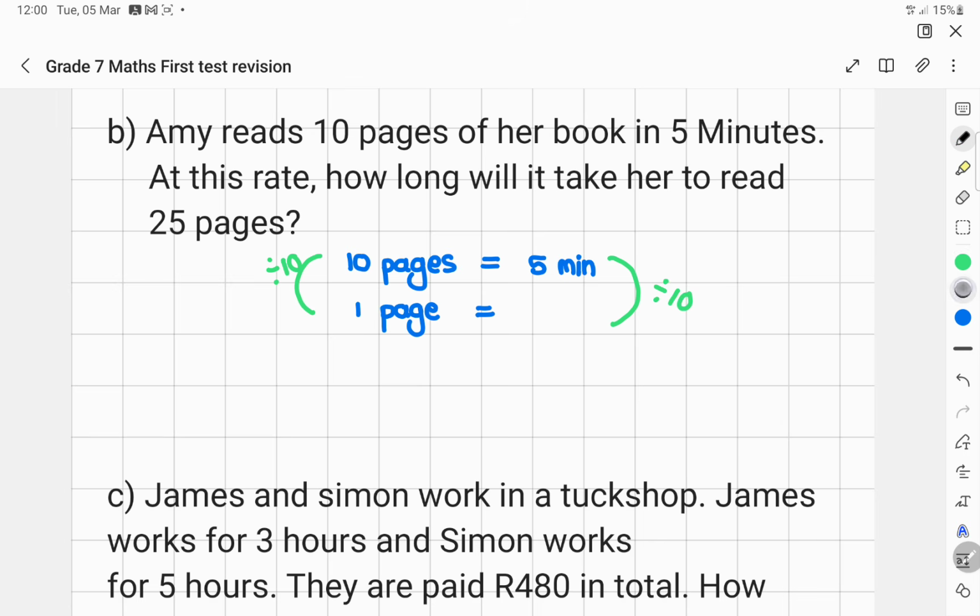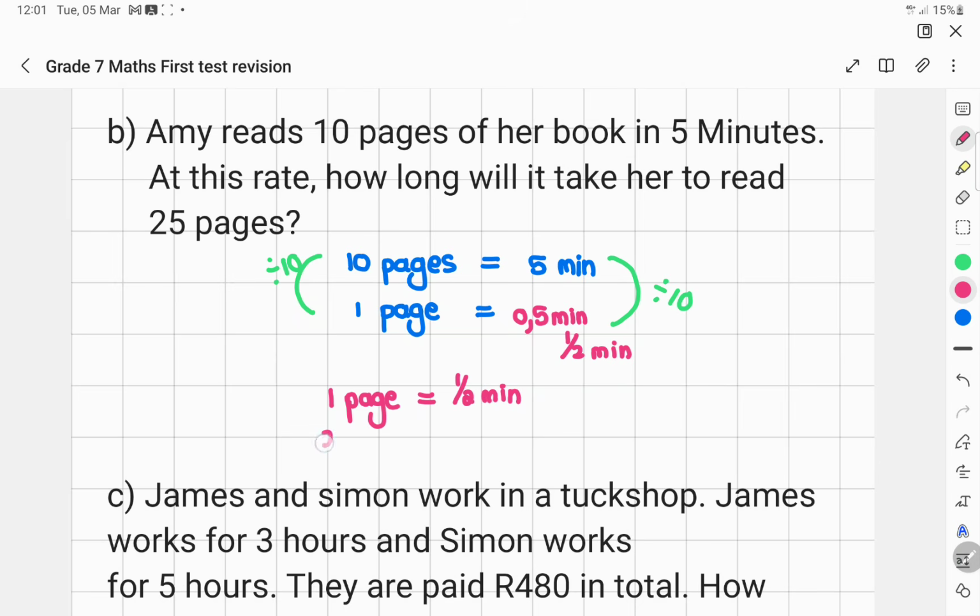And be careful now, 5 divided by 10 is a half a minute. So you can either write it like this, 0.5 minutes, or you can write it as half a minute. Okay, so now I'm going to write that again. So 1 page, she reads in half a minute.